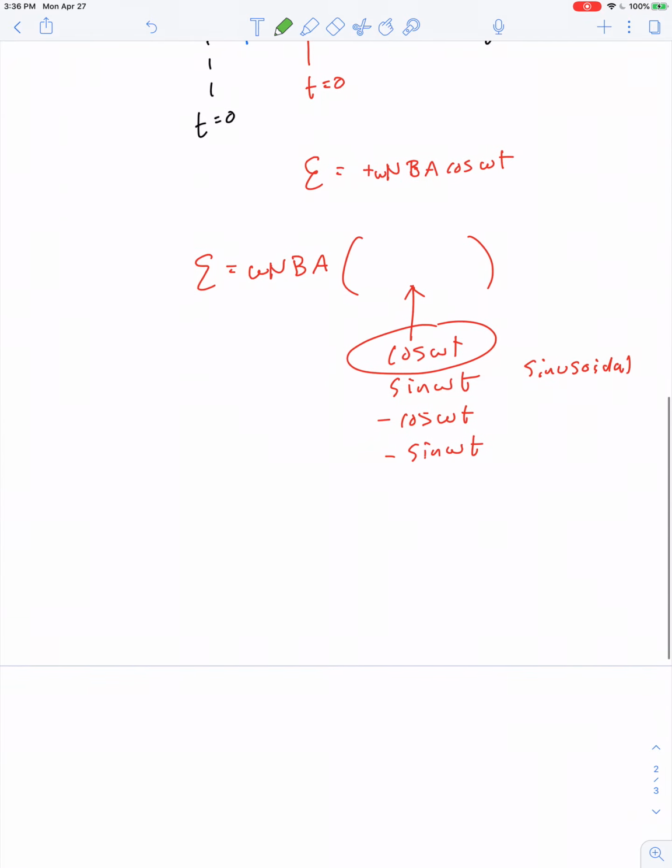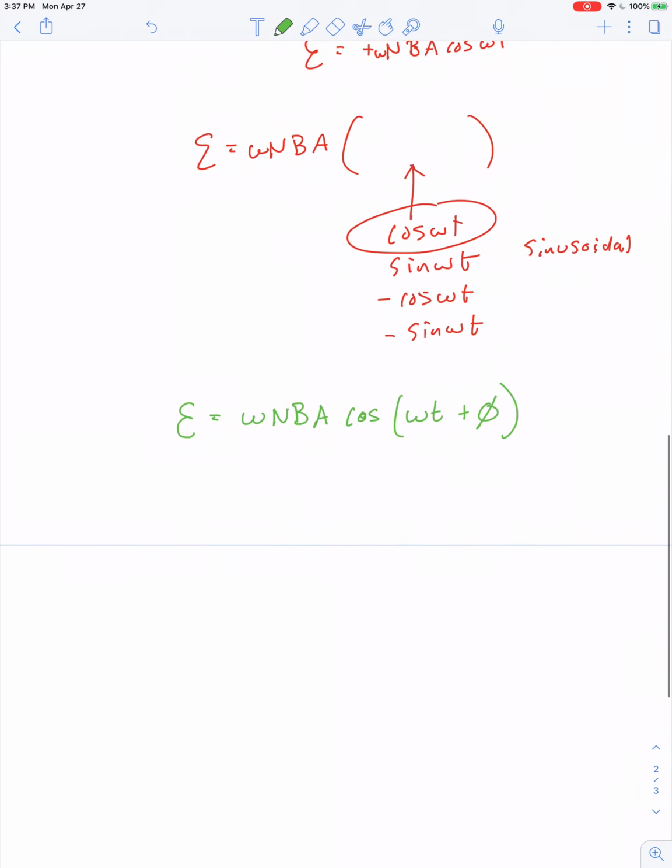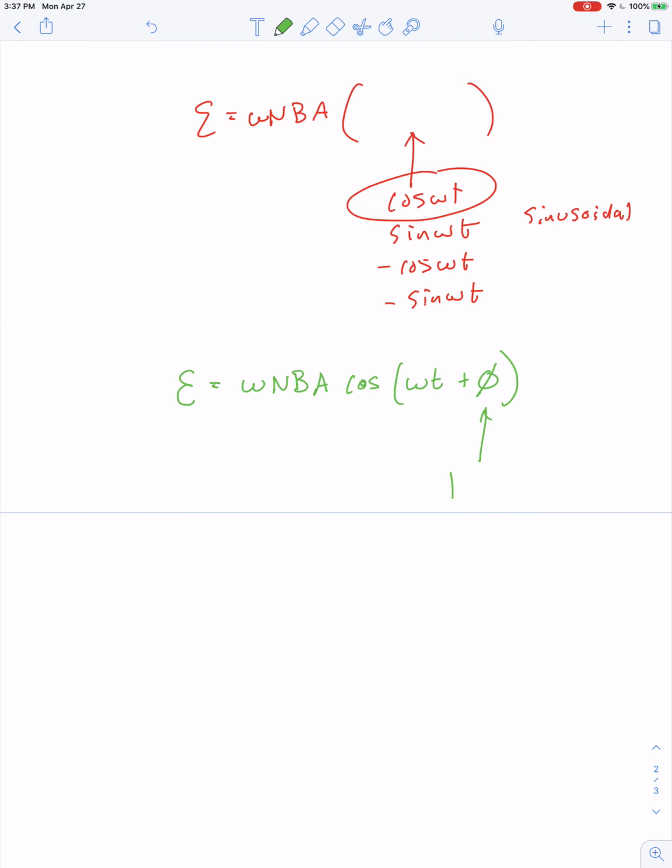So probably the best expression for the output voltage of the generator is omega NBA cosine omega t plus phi, where phi represents a phase angle that determines the difference between setting the time origin at such a point that the graph looks like cosine or setting the time origin at some other point, right? So we can just refer to that as a phase shift.